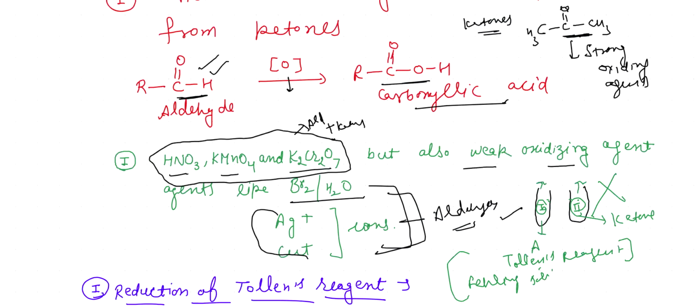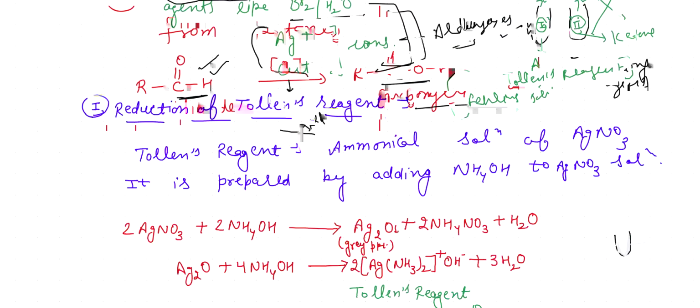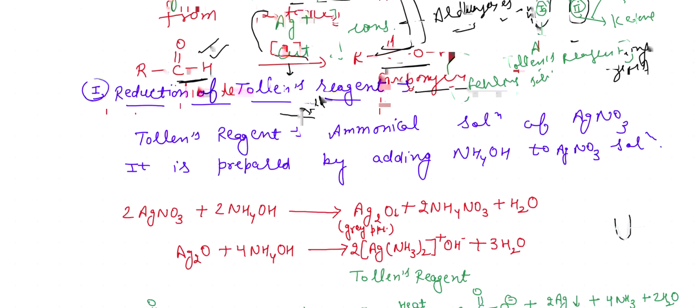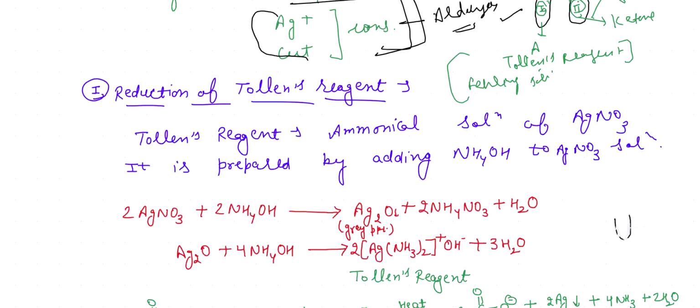Then how does Tollens reagent react with aldehyde, and what is the formula of Tollens reagent? This is your Tollens reagent. Basically, Tollens reagent is an ammoniacal solution of silver nitrate. And how is Tollens reagent prepared? It is prepared by adding ammonium hydroxide to silver nitrate.